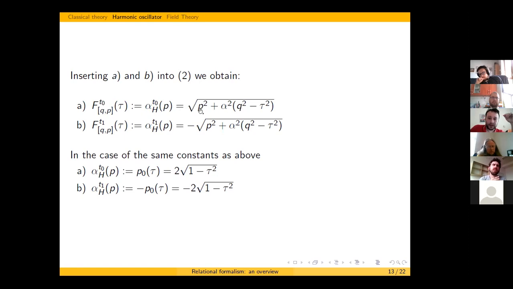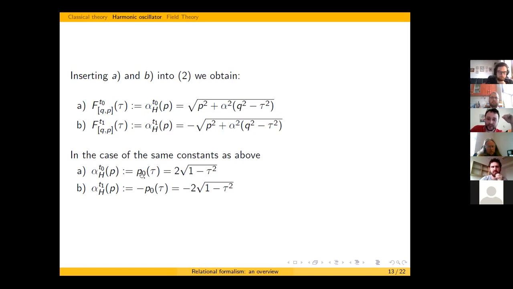And for alpha, Q, and P, the same constants as before, we get that these two flows at two different times t0 and t1 are plus p0 and minus p0 of tau.